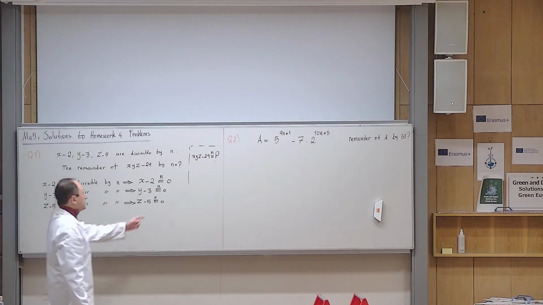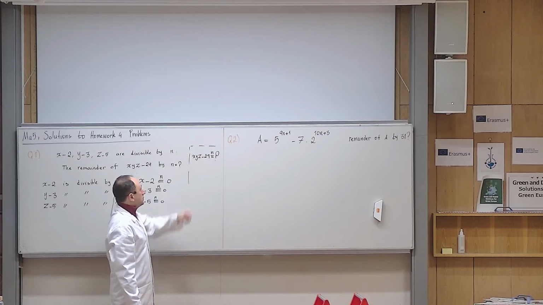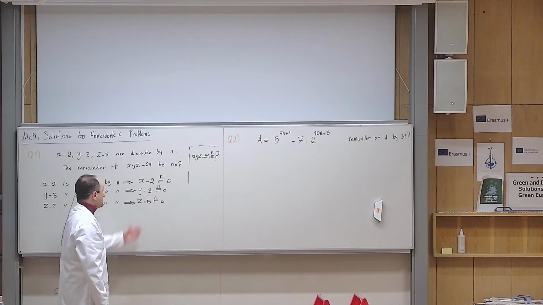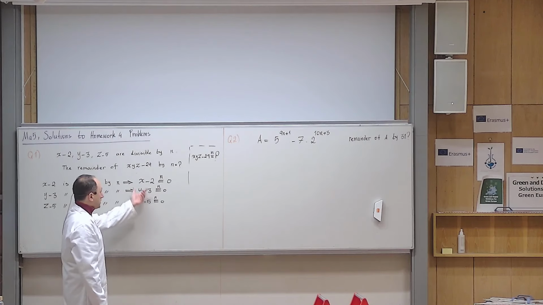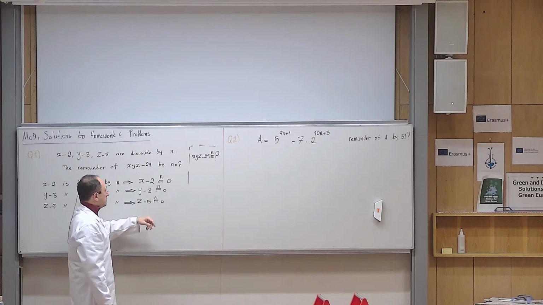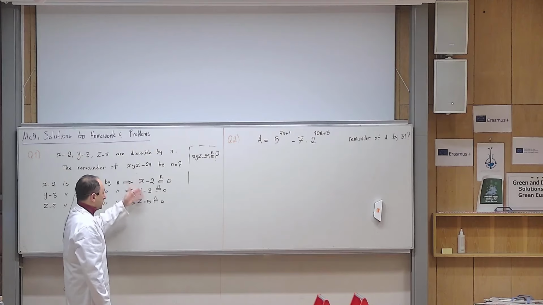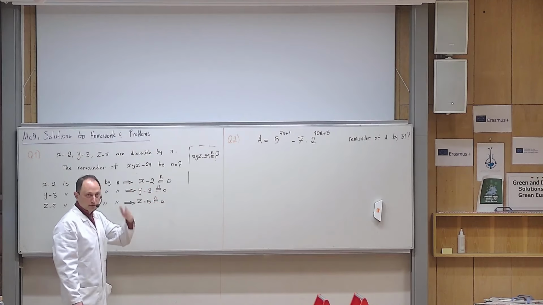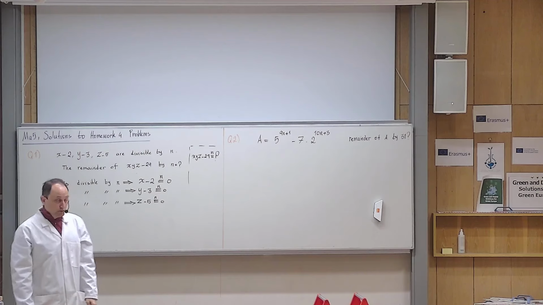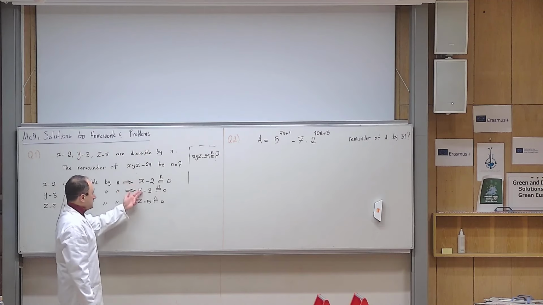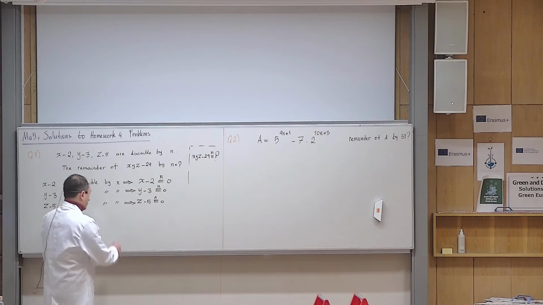Because I want to have the combination of x times y times z, it motivates me to start multiplying them side by side, which is possible. Because I told you when I was teaching you, if two numbers are congruent and two other numbers are congruent to the same modulus, then I can multiply them, add them, subtract them side by side. But if you just naively multiply the left-hand side, it becomes like this.